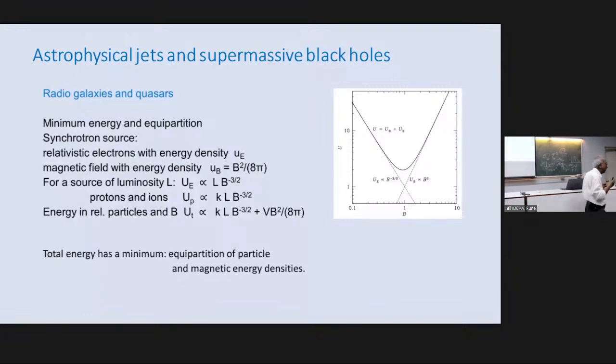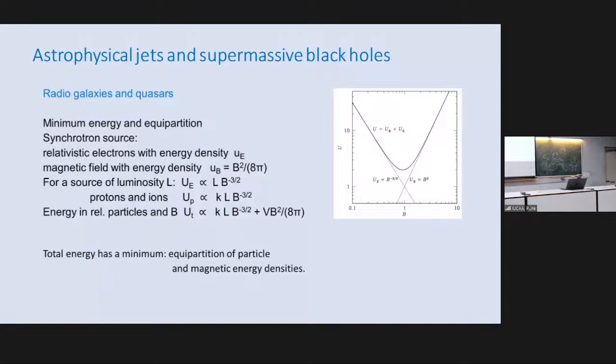Now, to calculate the energy in the particles and the magnetic field, I have to get back to synchrotron theory. Okay? So, without getting into too much detail, what I will just illustrate to you is by the expressions that we get, that if I look at the total energy in particles, for a given luminosity, more energy will be emitted if the magnetic field is larger.